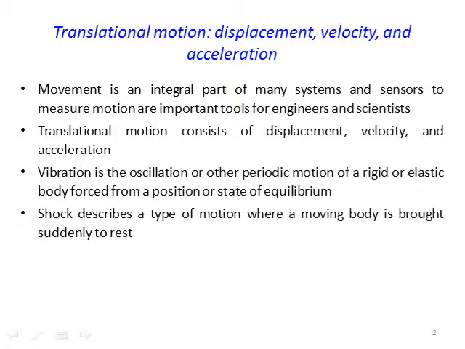Then I will talk a little bit about vibration that uses the oscillation or periodic motion of a particular body to be able to detect acceleration, motion, and also shocks. For example, an accelerometer uses this type of vibration sensor where a proof mass is vibrating at a particular frequency.